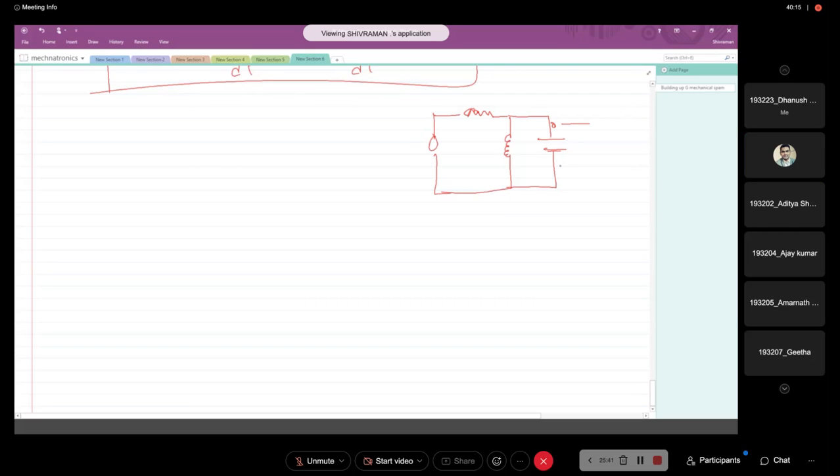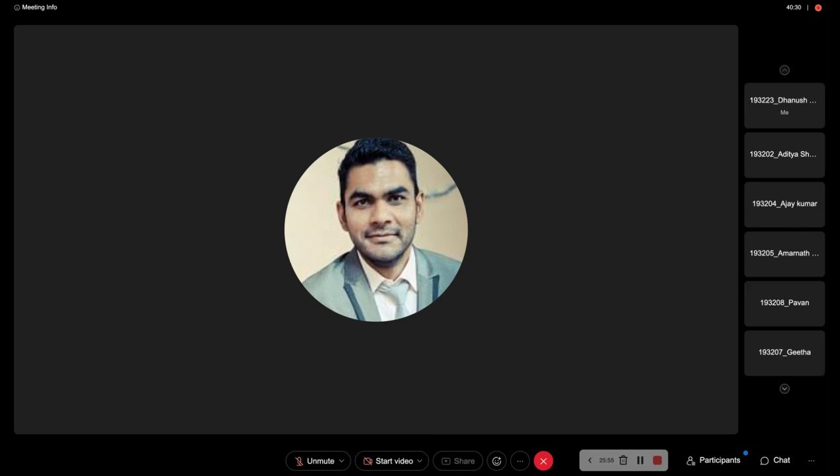So this is potential difference VC. This is junction A. This is I1, I2, I3. L, C, R, junction A, I1, I2.